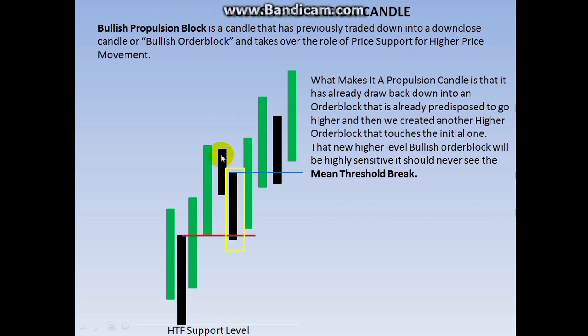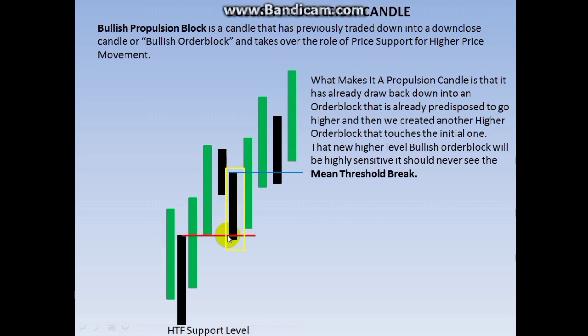And this particular candle was drawn back down into a previous order block that has already shown some interest in going higher. Then we created another higher order block that touches the initial one. So this is the higher order block created that touches the previous order block right here.